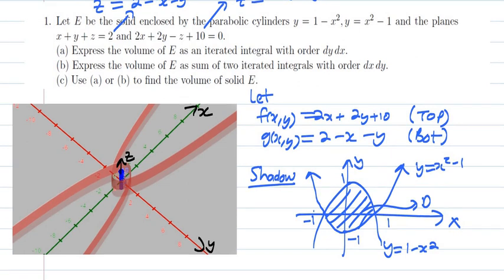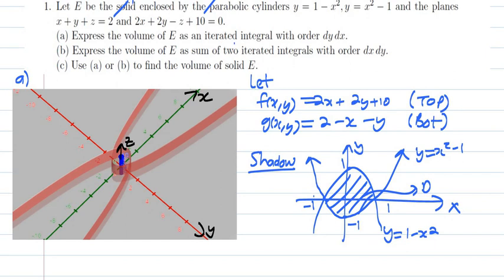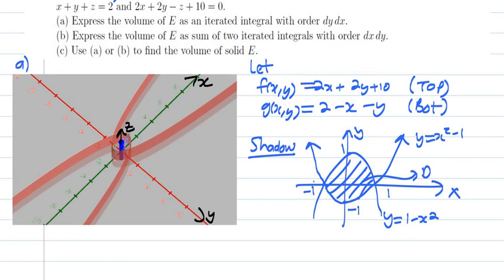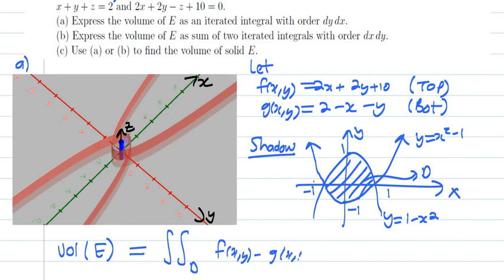And now we're in business, because now we can tackle part A. We want to write the volume as an iterated integral with order dy dx. So we can say that the volume of E is a double integral over the shadow, or the projection on the xy plane, which is region D, of the top surface minus the bottom surface dA, using that result on page 134.